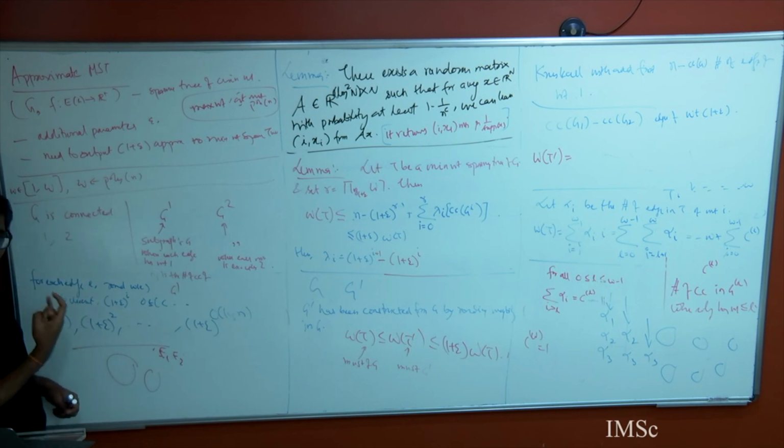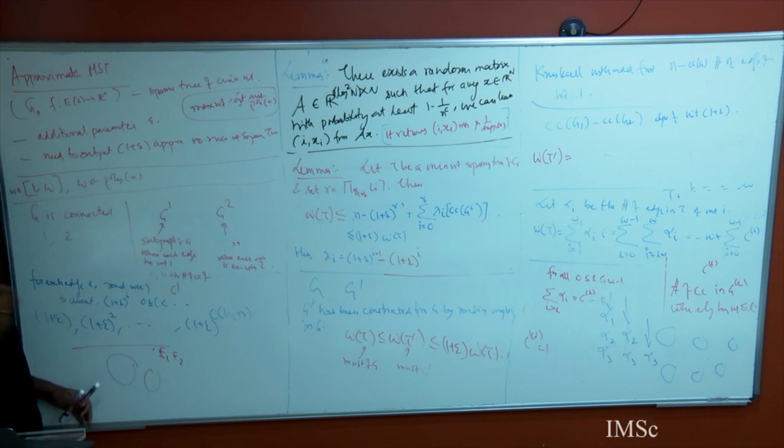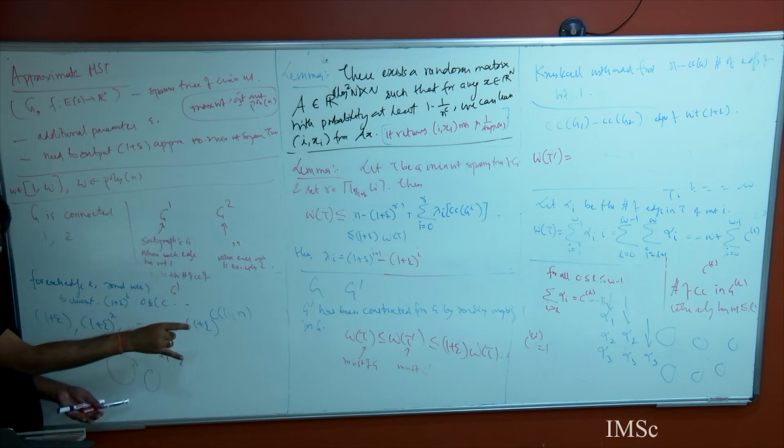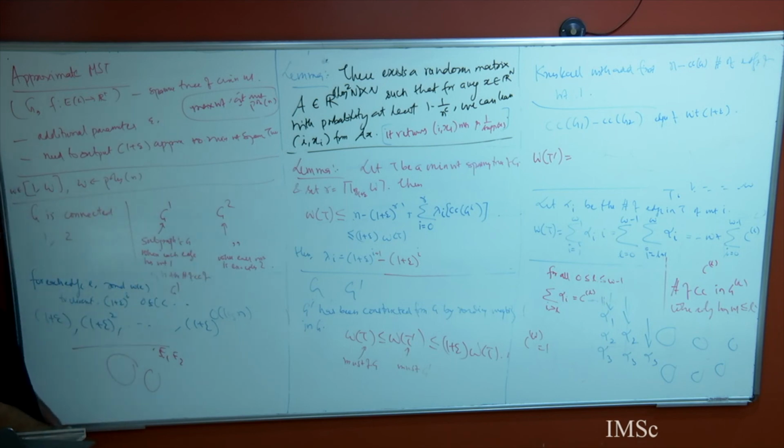If it has weight 1, then it is part of some connected component inside. So that is not going to add a connected component here because I have taken the union of these edges. If I look at weight 2 edges, it is completely contained inside some connected component here. So maybe they have merged. So I can only make a bigger connected component, I cannot get a smaller connected component. That's it.